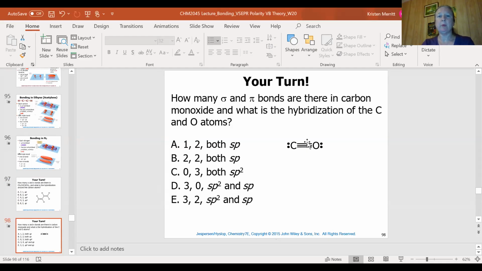So there's only 1 sigma bond, right? And there are 2 pi bonds. And so right there, that has to be A. And it's an sp hybridization.